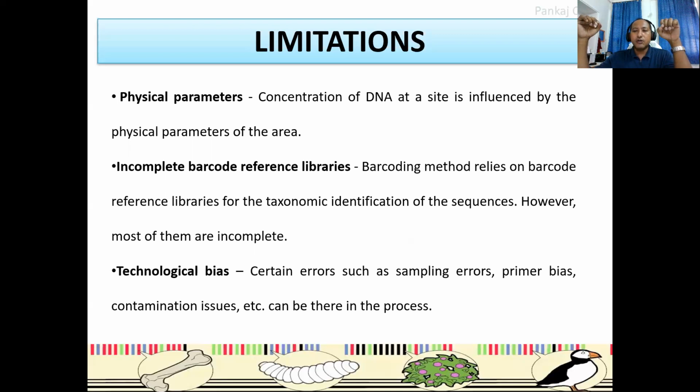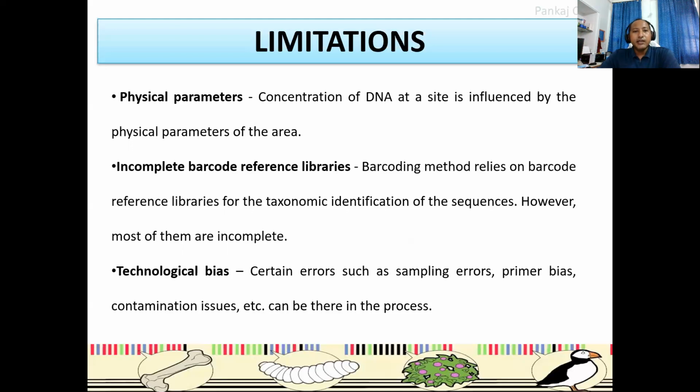Their DNA content may vary, and when you apply the same procedure for DNA extraction, the yield may not be the same, which may influence the result.